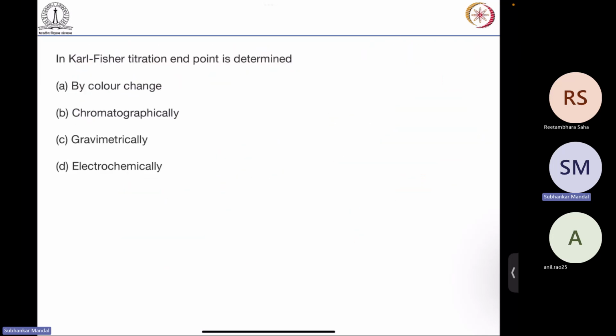Now we can go to the next problem. In the Karl Fisher titration, the end point is determined by color change, chromatographically, gravimetrically, or electrochemically. So which one will be the answer?